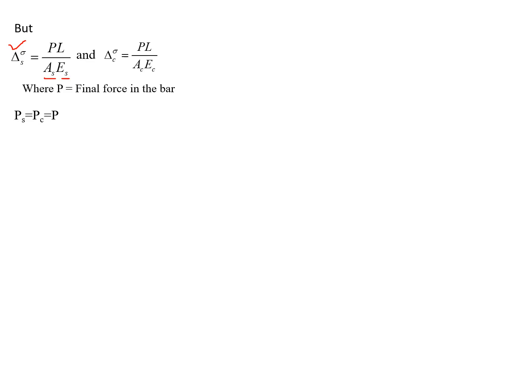Similarly, delta C sigma, which is the expansion of the copper bar due to the temperature stresses, equals PL divided by the cross section area of the copper into Young's modulus of the copper. And we know that the final force, PS equals PC equals P, as we considered previously. So delta S sigma equals PL by AS ES and delta C sigma equals PL by AC EC.